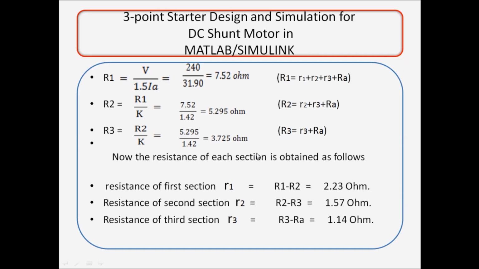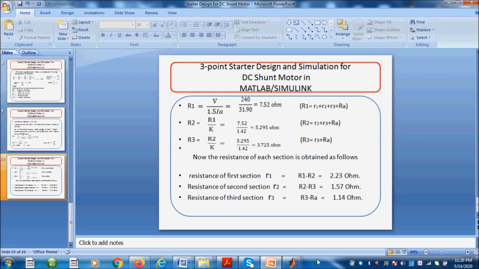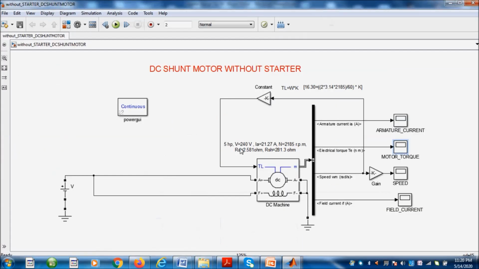Next, we will see the design and simulation of DC shunt motor without starter and with starter in MATLAB Simulink software. This is the DC shunt motor without starter. These are the electrical parameters of the DC shunt motor. This is the supply to both armature and field circuit.